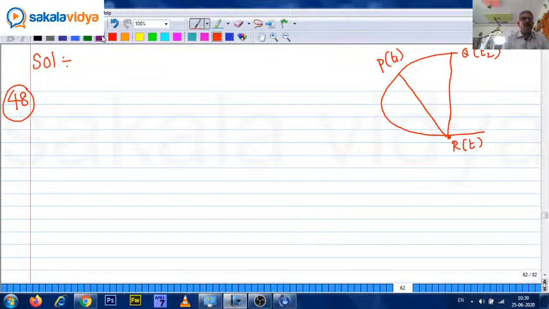Here one condition we need to remember, all of you note it down.